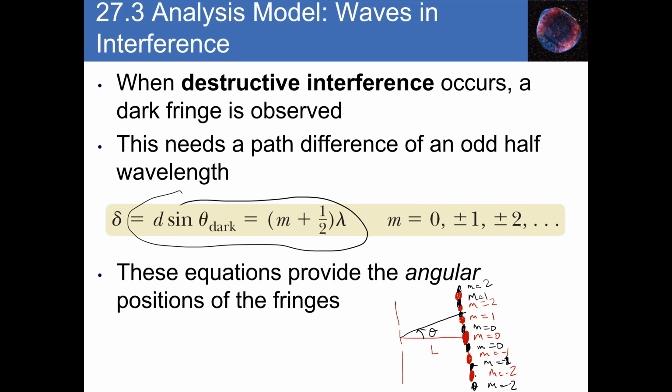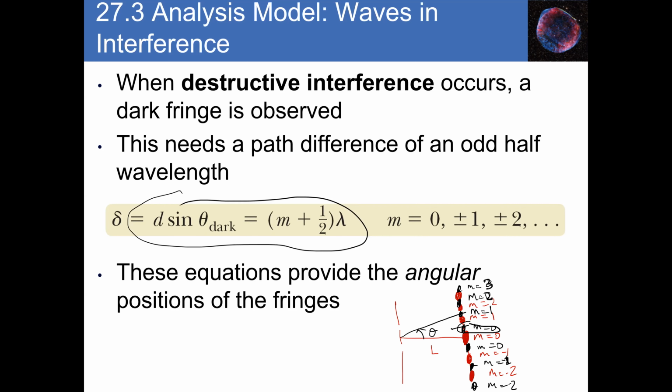That means what we have here are the dark fringes. The first dark fringe has m equals 0, but there are two of those, one above, one below. Oh, sorry, I missed this one here. This is m equals 1. This one is m equals 2, and this is m equals 3.